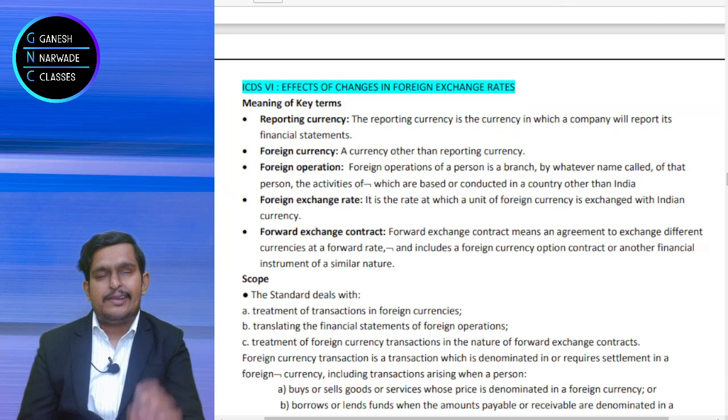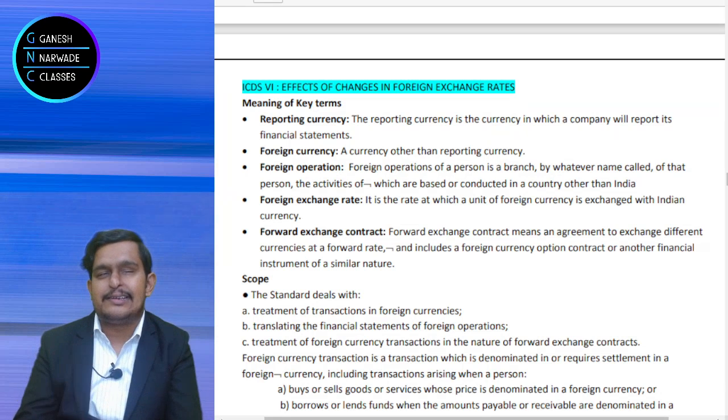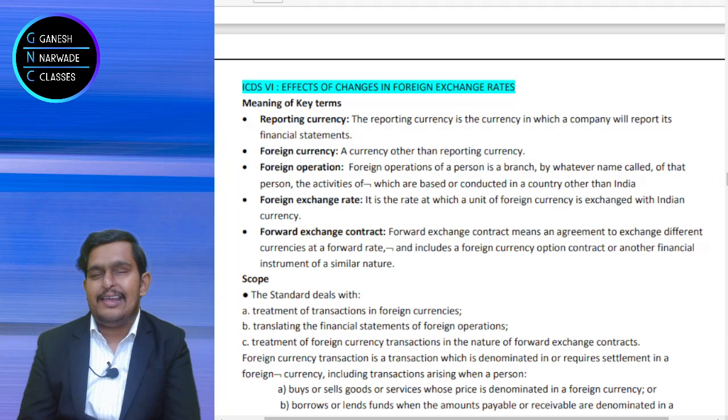And the financial statements are depicted in monetary terms, that is Indian National Rupee, correct? INR. In the same way, Walmart will report in US dollars, correct?